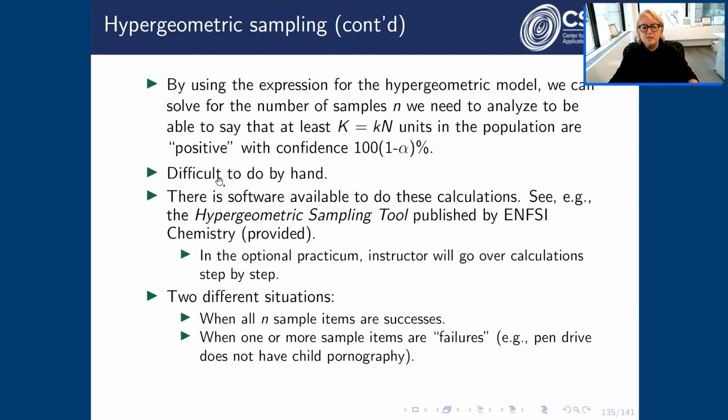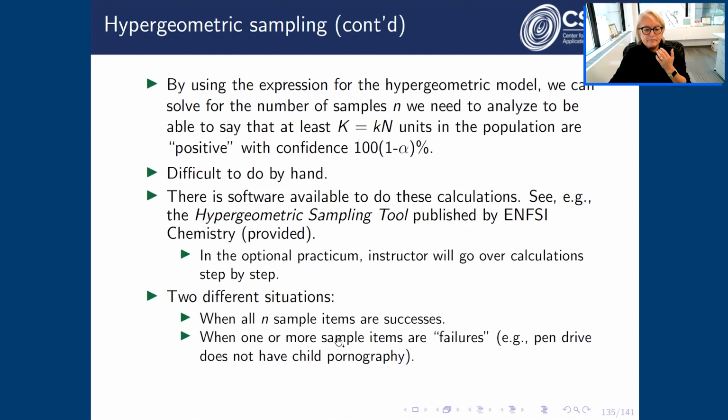There's one called the Hypergeometric Sampling Tool that was published by the Europeans. We have that on the website for the course. And Joe is going to go over this next Friday.